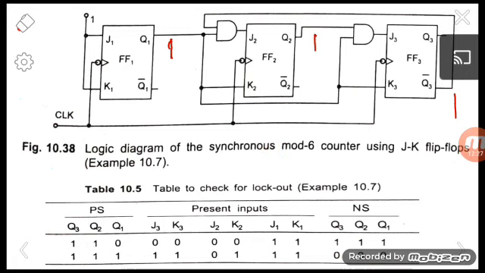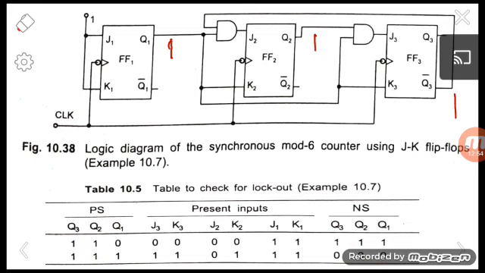So it is a self-starting counter. We don't need to add additional combinational circuits for the working of our synchronous mod 6 counter here. It is self-starting because if any invalid state comes, naturally it will come to the valid state 0 0 0.